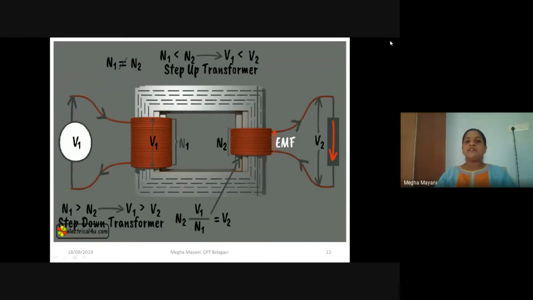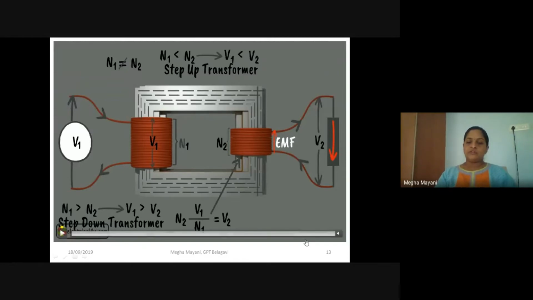The name itself indicates: step up corresponds to a boost or increase in level, whereas step down corresponds to a decrease or buck type of signal. So when it is a step up transformer, the secondary winding has a voltage greater than the primary winding. And when it is a step down transformer, the primary winding has a voltage greater than the secondary winding.